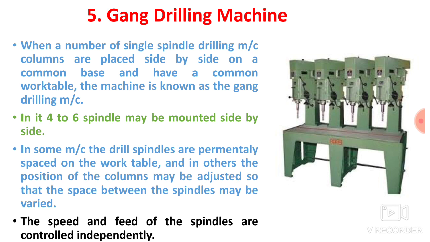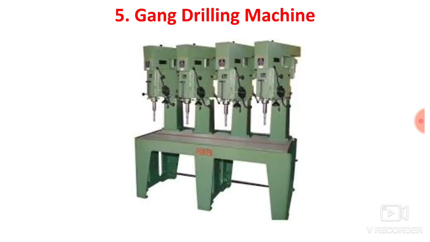Okay, so in this slide we will discuss the gang drilling machine in detail. Here you can see there are 4 spindles mounted over a common table. Again, you can adjust the space between the spindles so that you can adjust the space between the holes also.